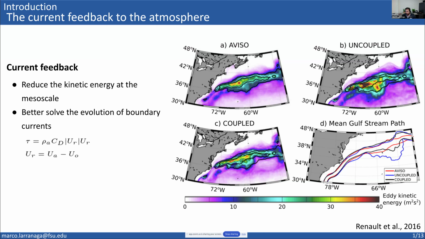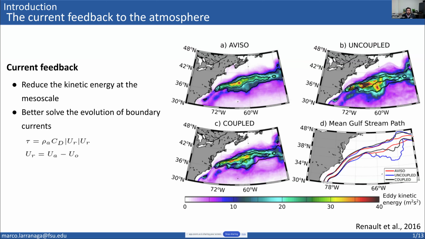The coupled and Aviso are super similar. The coupled simulation is realistic, but the uncoupled occupies a larger area. That's because when we have larger eddies with larger eddy kinetic energy, we have more eddy mean flow interactions, which produce meanders in the mean kinetic energy.